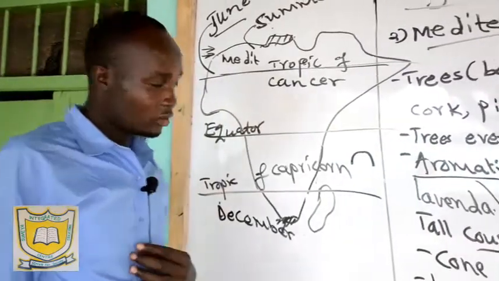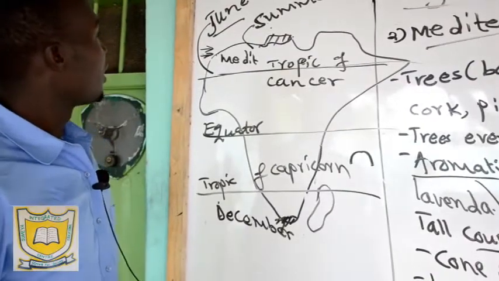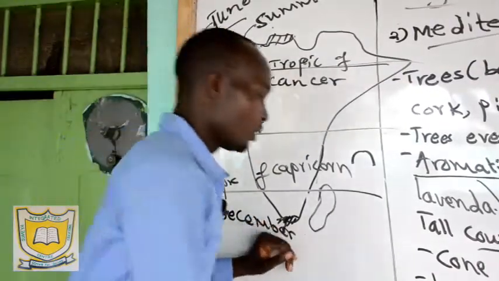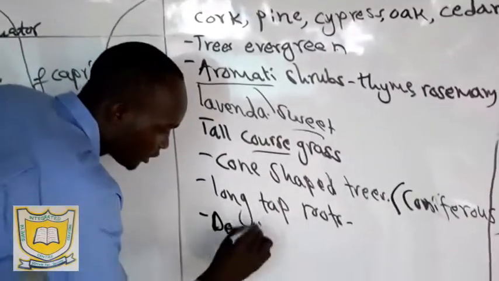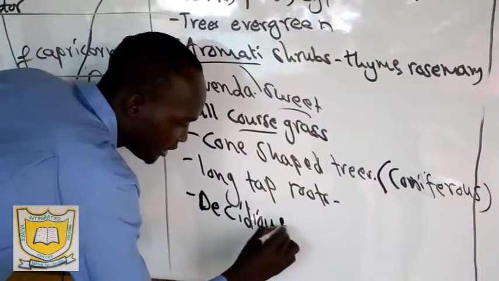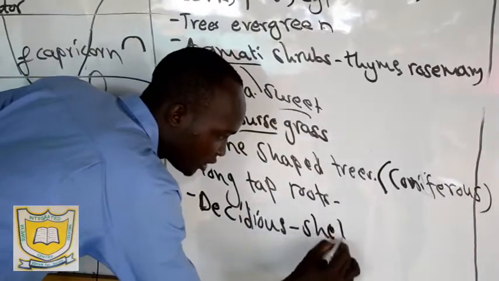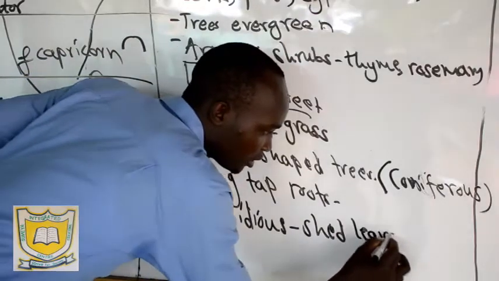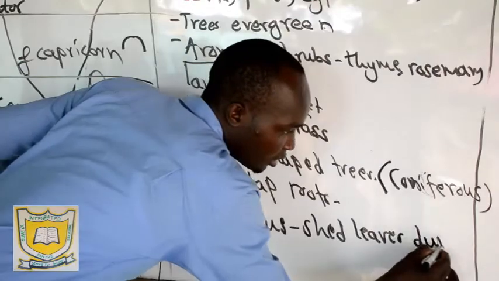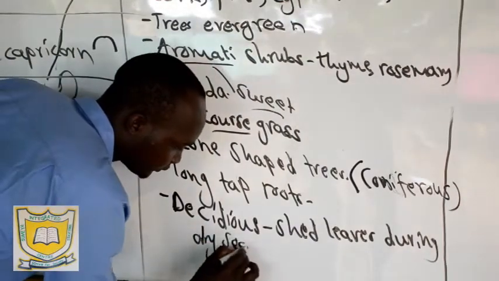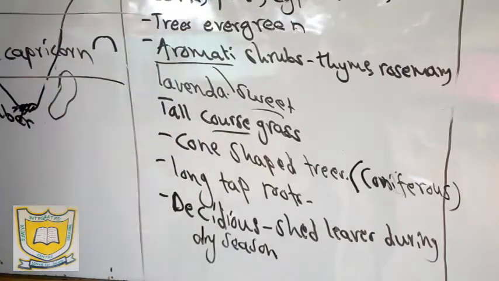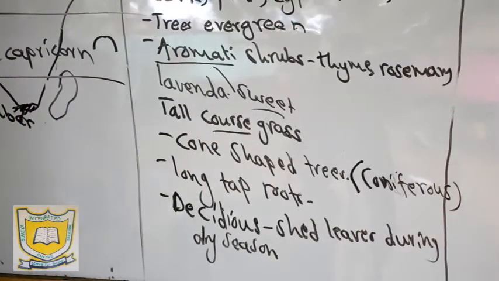Then also we are saying that these trees are deciduous. Deciduous plants are those that shed their leaves during the dry season.